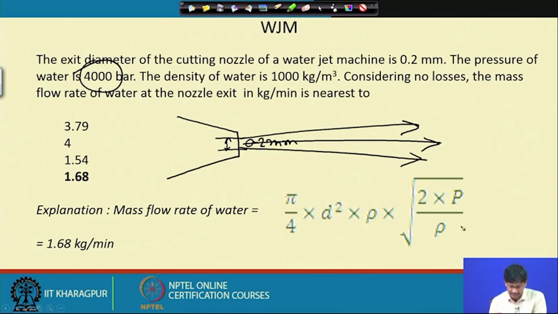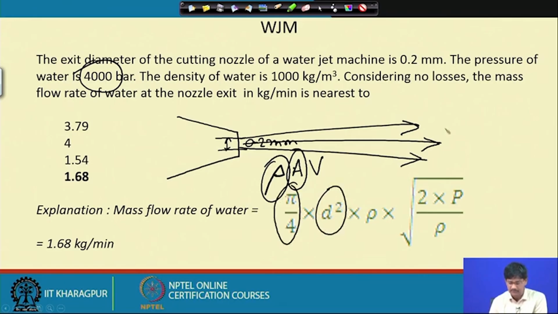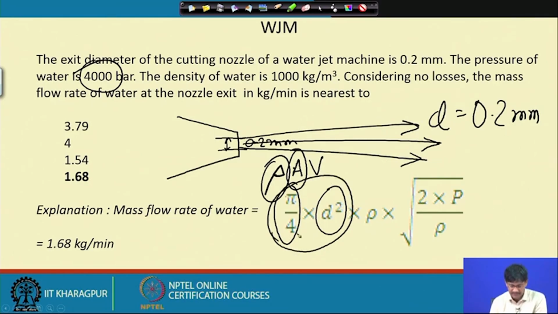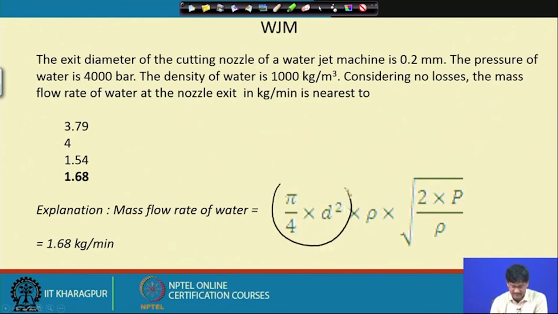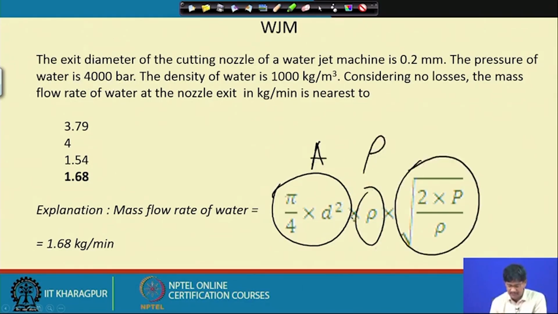First of all, we know that mass flow rate will be equal to rho into A into V, where rho is the density, in this case 1000, A is the cross sectional area, which is pi by 4 into d square, where d is given as 0.2 millimeters. So, this is rho, this is A, and this is V. How is V found out?